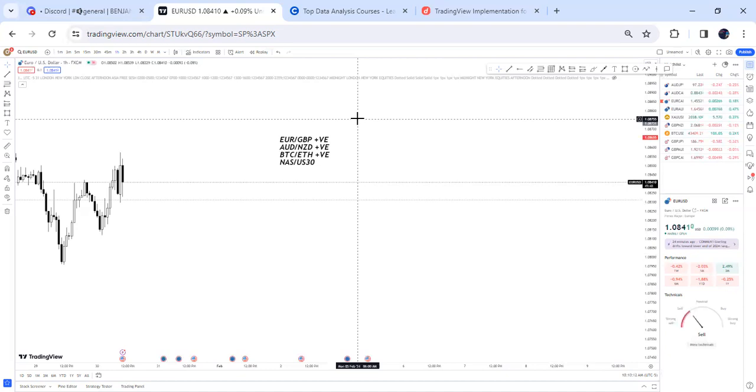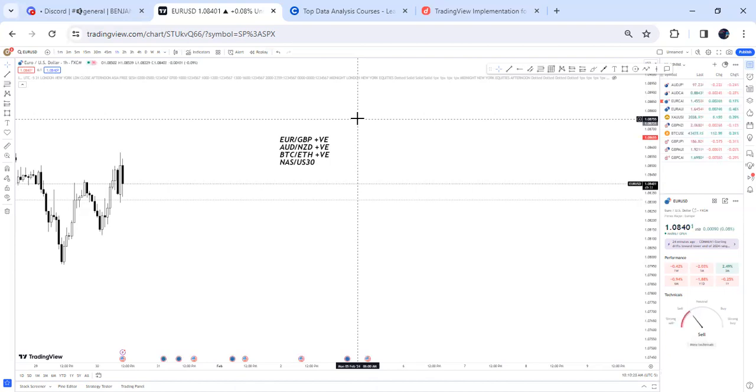I'm not going into divergence. Divergence is going to be another class, for another time, where I'm going to teach us how to trade divergence when we see them. This is basically what you need to know.